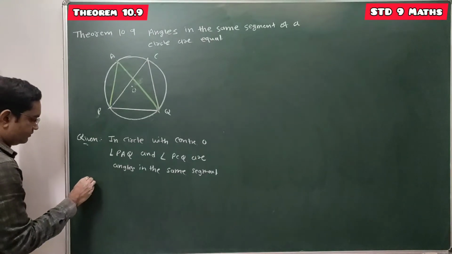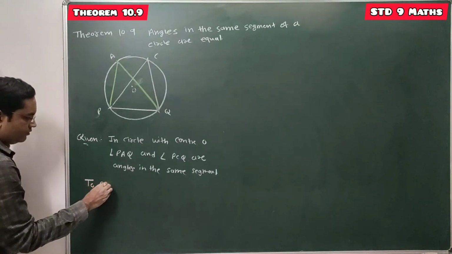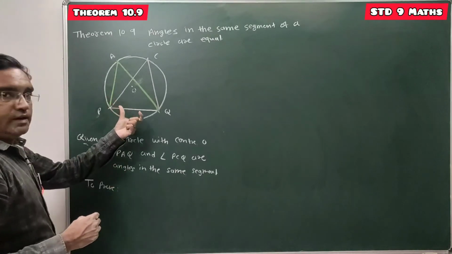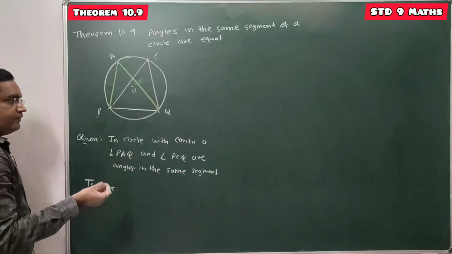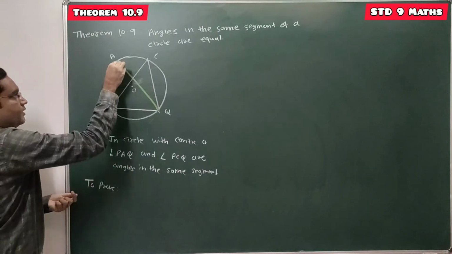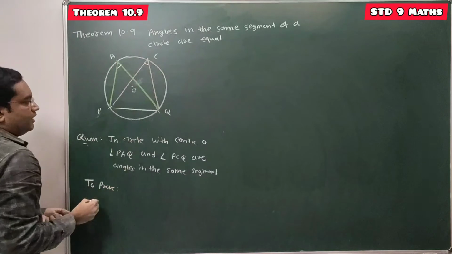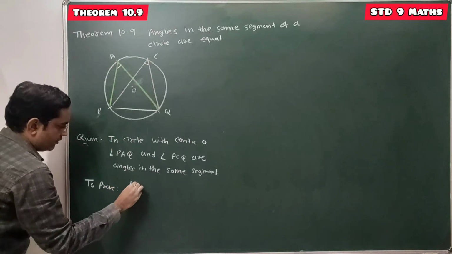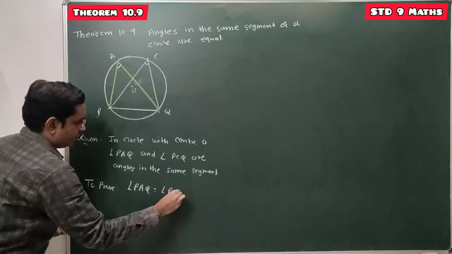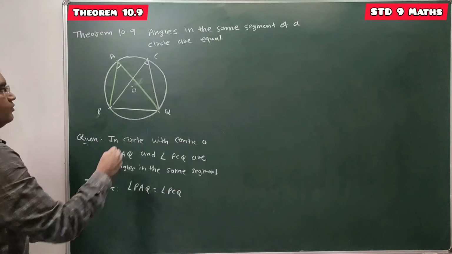So what do we have to prove? If we are given two angles in the same segment, then we have to prove that these two angles are equal. The measures of these two angles are equal. So we have to prove angle PAQ equal to angle PCQ.